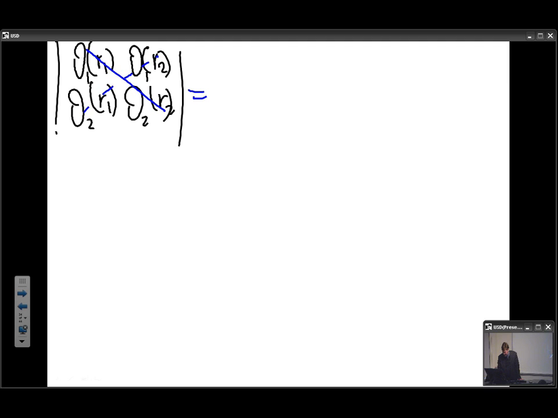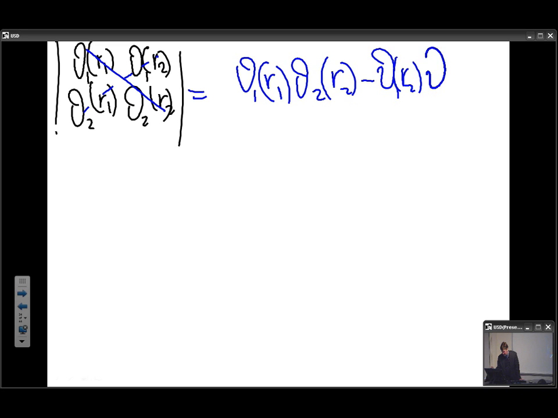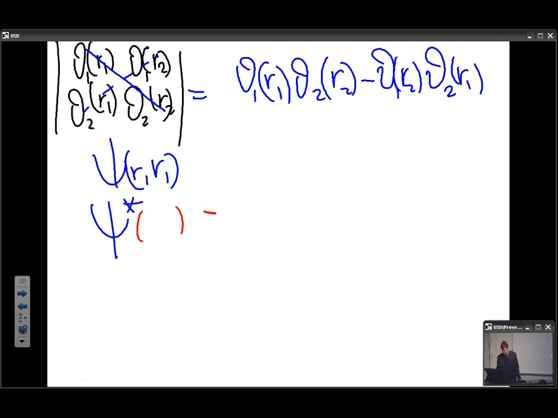So taking diagonal minus subdiagonal. So this is a wave function of R2. Now we need a conjugate, which means that we just add the star on the top.